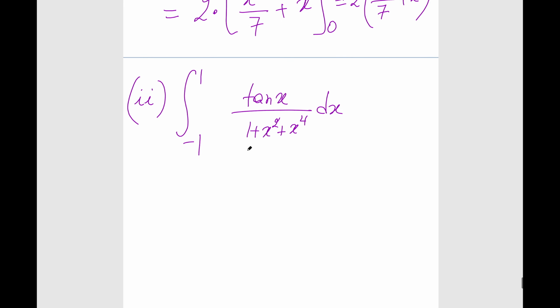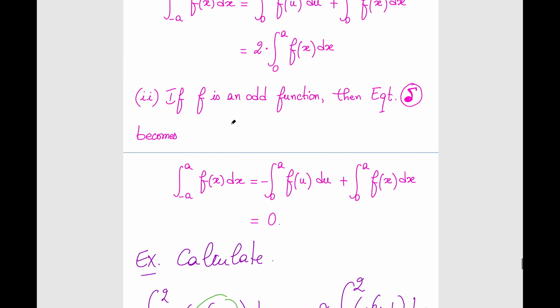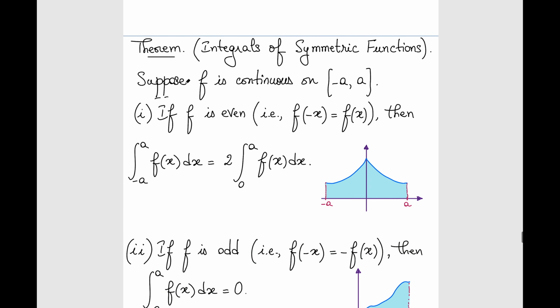By the way, this function is continuous between minus 1 and 1, right? This guy downstairs is never 0. Why do I need to check that this is continuous between minus 1 and 1? Because, look at the theorem. It's supposing that the function is continuous on this symmetrical domain, right?